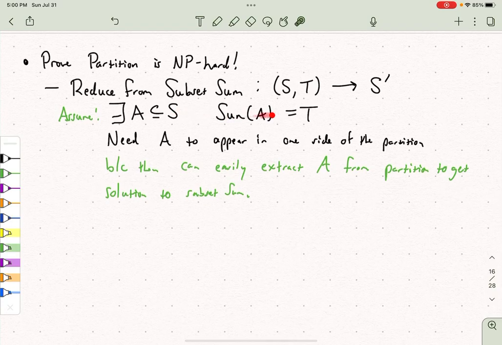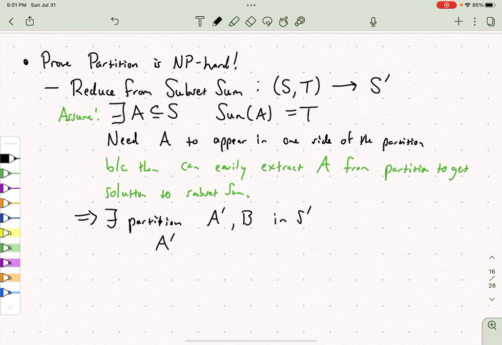So in particular, this is the implies direction. If there's a solution, then there's a solution. That's the one we're focusing on first. Okay, so what's one easy way for us to recover A efficiently? Well, what if there's a partition? So we want this to imply there exists a partition A prime and B in S prime, such that A prime is just A with maybe one extra thing.